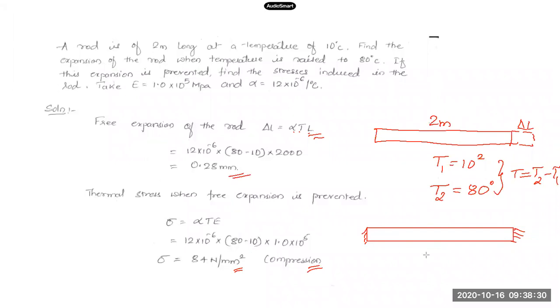Please check, you will get this. If anybody has a calculator and has calculated, check that. One is the free expansion, whether it will be 0.28 mm. The other is what the stresses are. The magnitude, the intensity of stress, is 84 Newton per mm square, and the nature is compression.